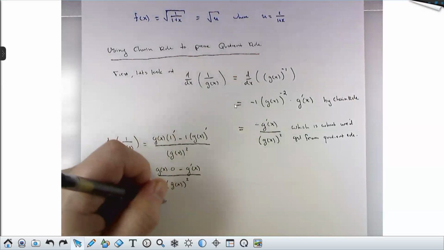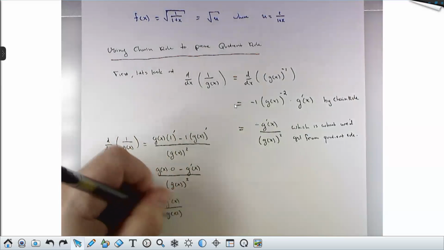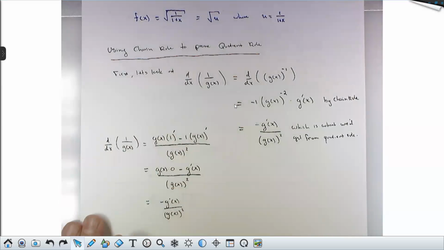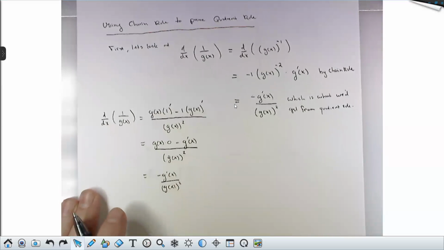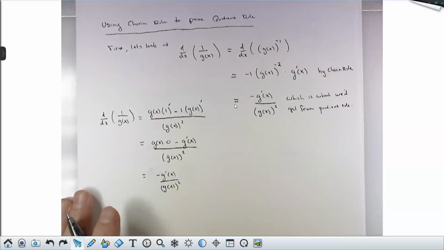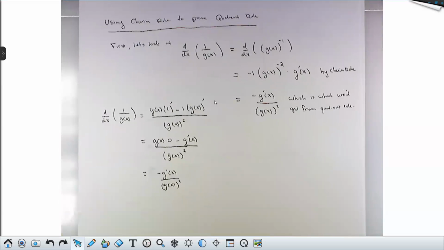This is negative g prime of x over g of x squared. So whether you use the quotient rule or the chain rule on this 1 over g of x expression, you get the same thing. Which hints at this idea that treating the downstairs as a -1 power can get us out of quotient rule stuff in general.